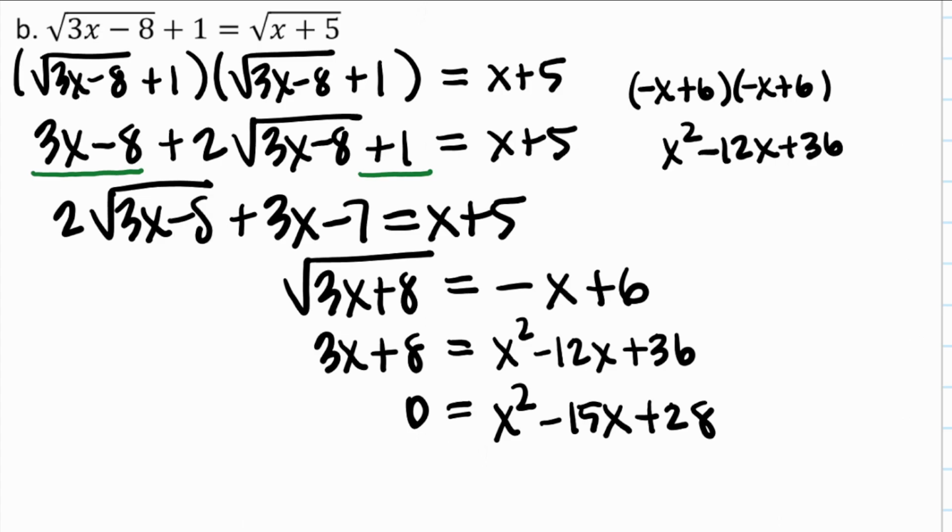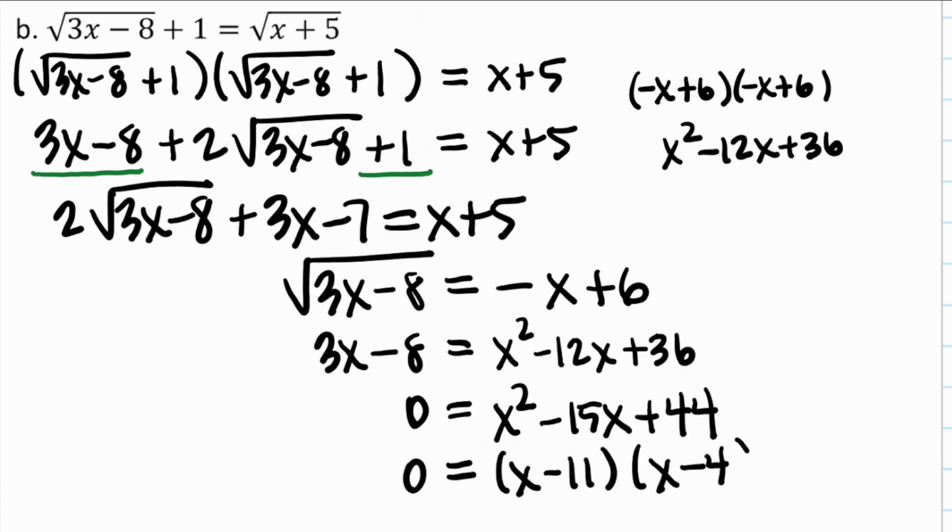That should be 3x minus 8 there, so this should be a minus and another minus there, meaning that instead of 28 it would be 44. Two numbers that multiply to positive 44 and add to negative 15 would be negative 11 and negative 4. So I've got x minus 11 times x minus 4, and so my solutions are going to be x equals 11 and x equals 4.